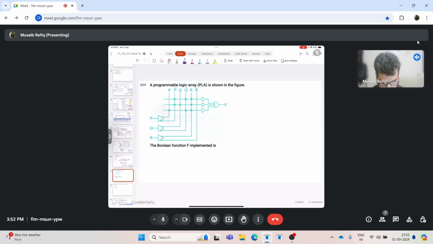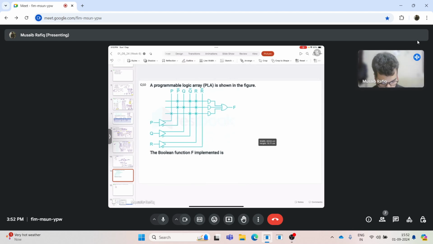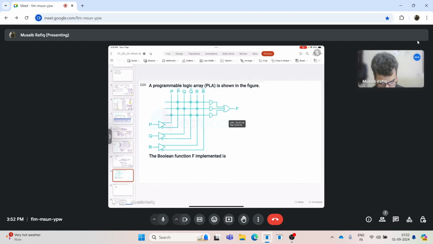Now question 10 is where a programmable logic array is given, and we need to find the Boolean function F implemented by the PLA. So what I will do here is I'll mark these outputs first coming out from the NAND gate. This is F1, this is F2, and this is F3.